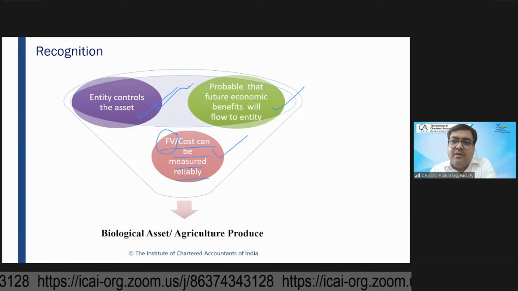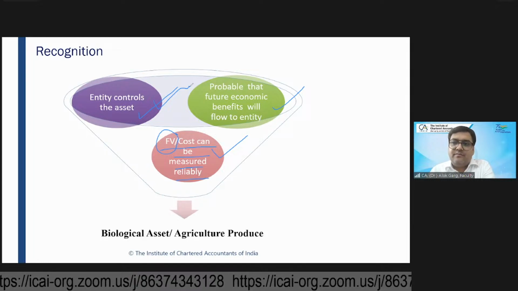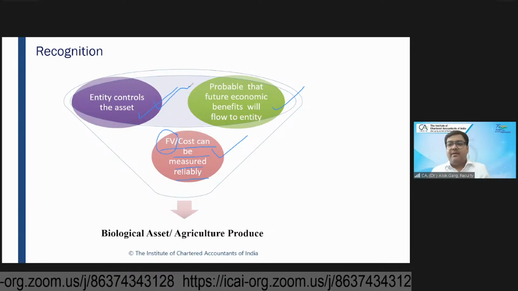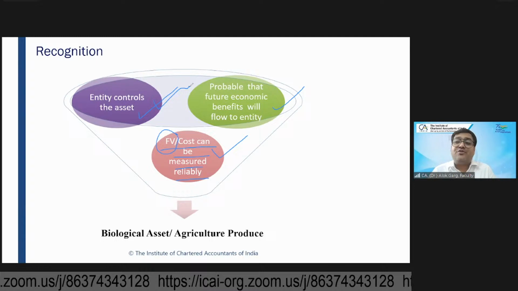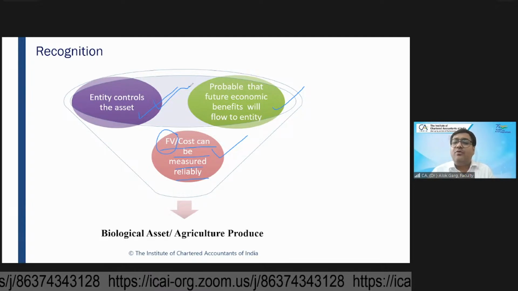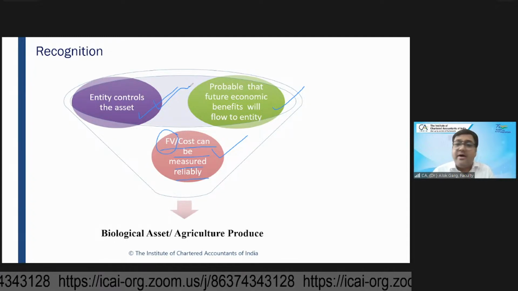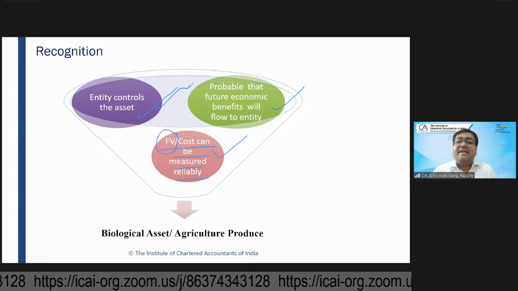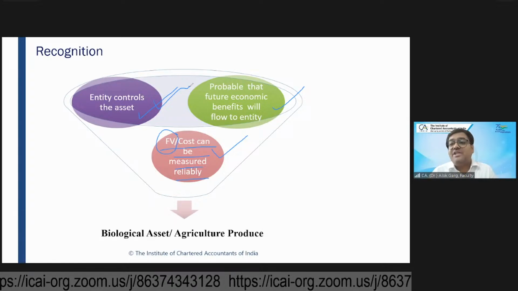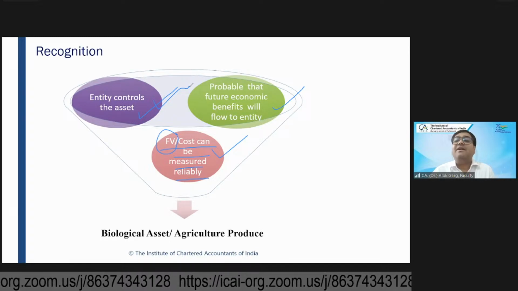Till the mangoes are on the tree, you are not sure if they will be destroyed due to natural calamity, insects or birds. You are not sure whether the mangoes will be usable or not. That is why the control is not there while it is on the tree.